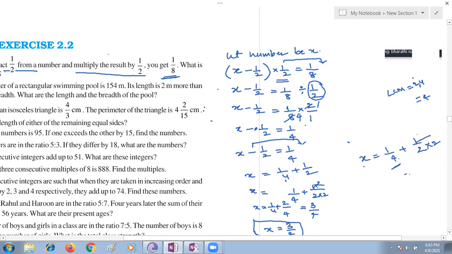You should multiply by 2 by 2. So x is equal to 1 by 4 plus 2 by 4, which is x equal to 3 by 4. Hope your doubt is clear, Jivitesh? Yes, ma'am. It's a simple fraction addition. No need to worry. Yes, very good.